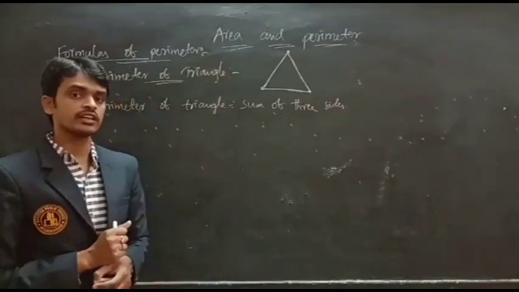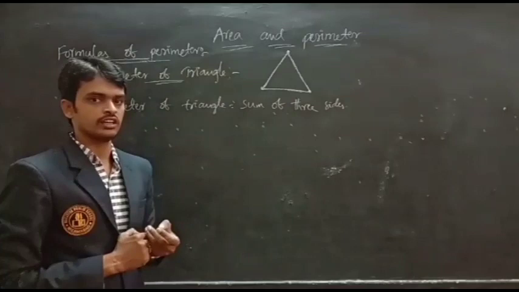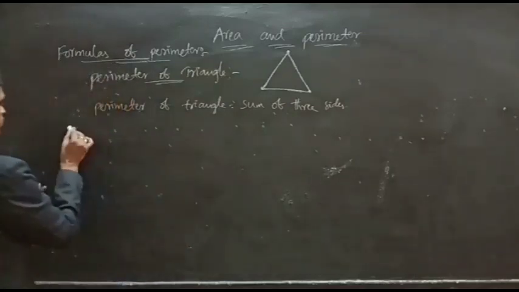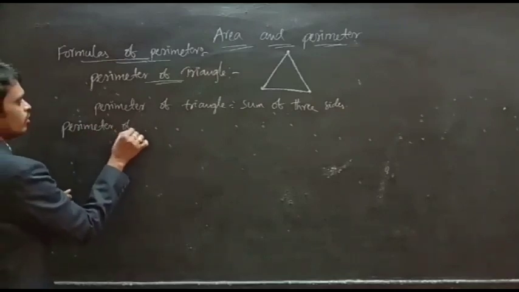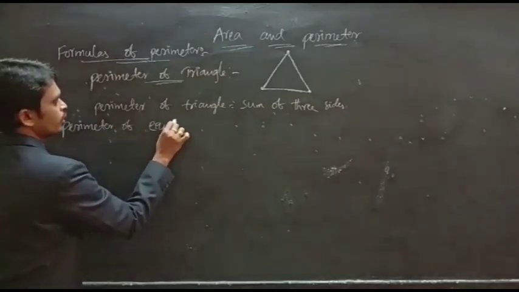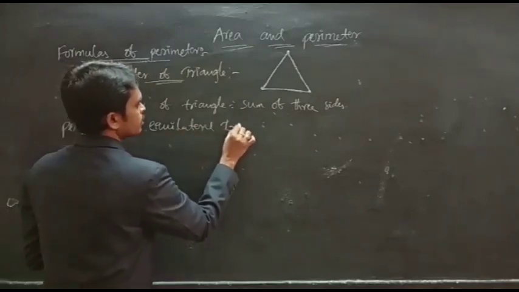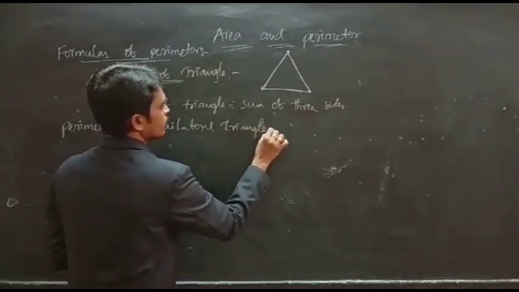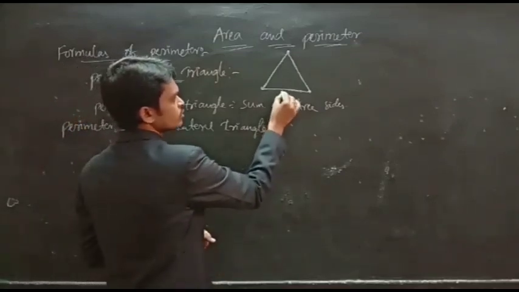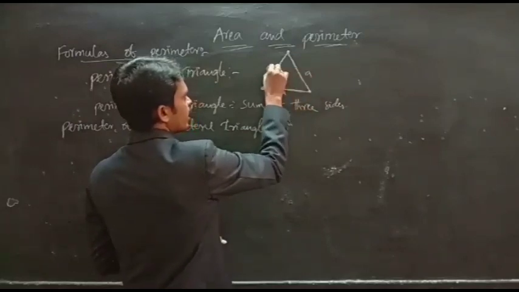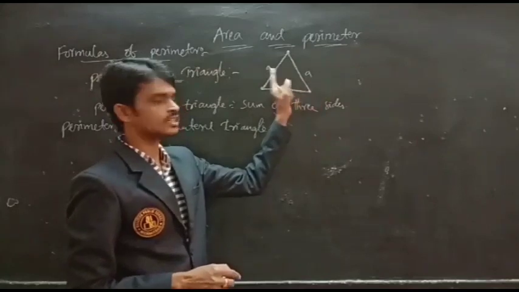If you are given an equilateral triangle, then the perimeter of an equilateral triangle: an equilateral triangle is nothing but all sides are equal.